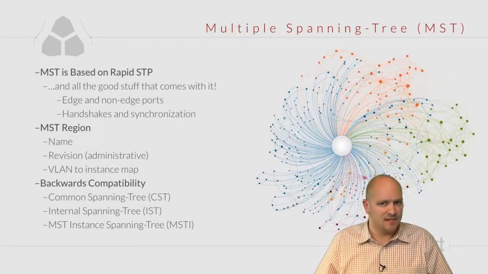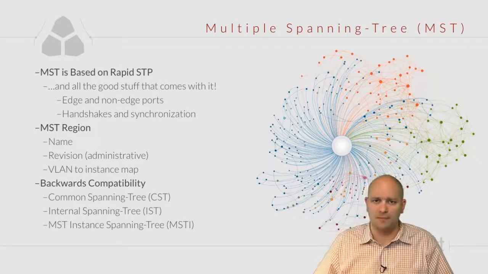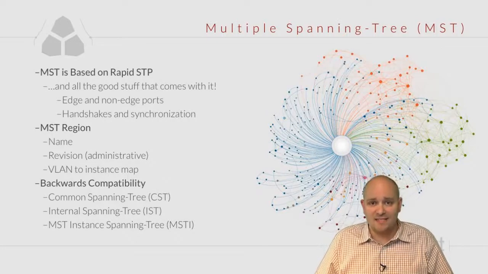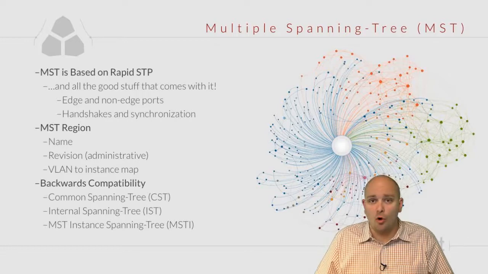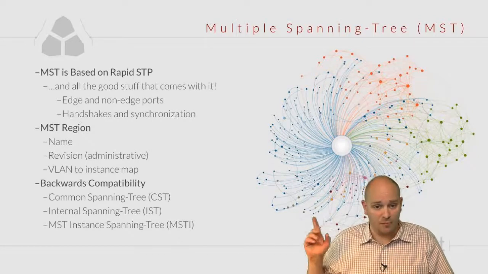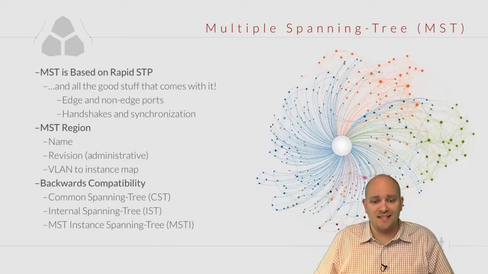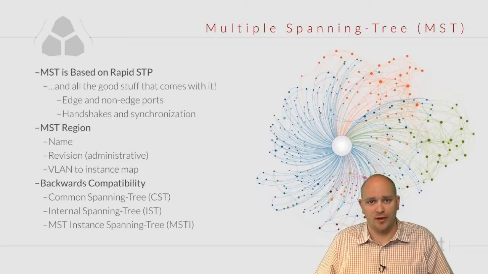Technically speaking, this is instance number 0, but I'm going to get back to that in, again, just a moment. And finally, inside that same region, all different instances, and remember VLAN to instance map is what defines these instances, are operating in something that we call the MSTI, or the MST instance spanning tree.